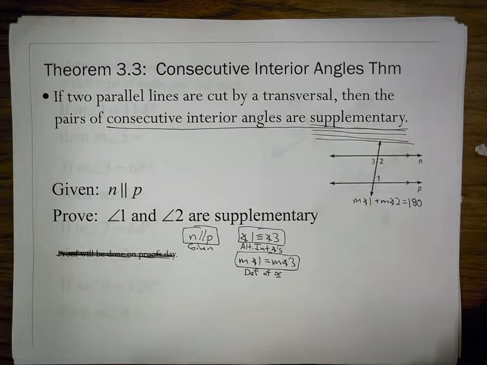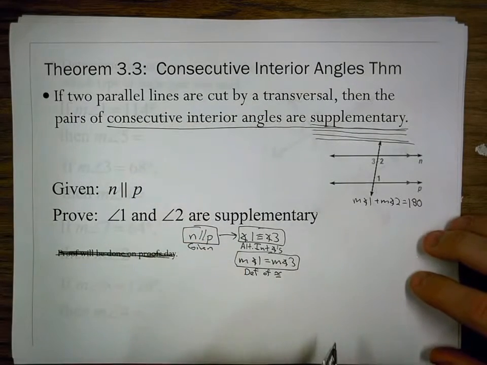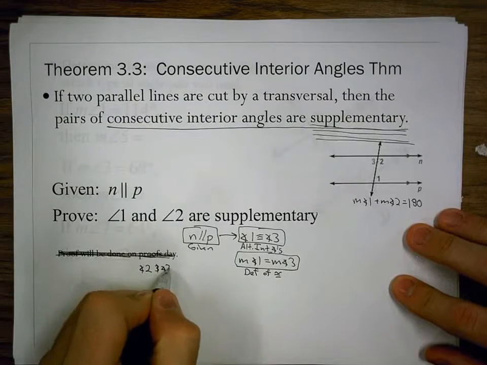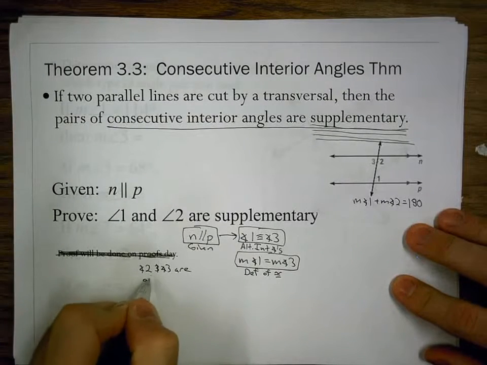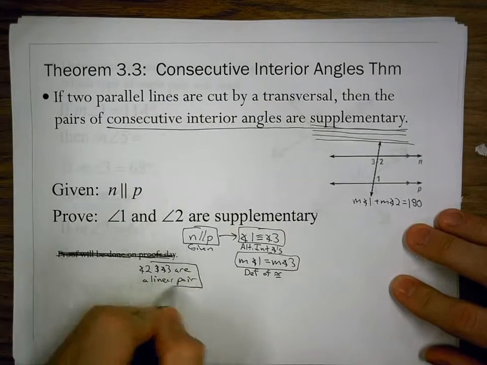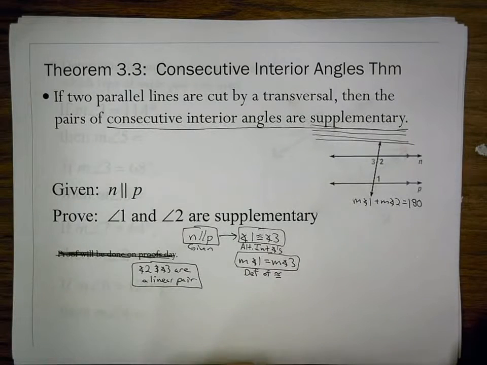Now, what we also have here, and this we got from parallel, but what we also have here is that 2 and 3 are a linear pair. And that we just look at from the diagram. 2 and 3, they're adjacent. Their non-adjacent sides form a straight line.